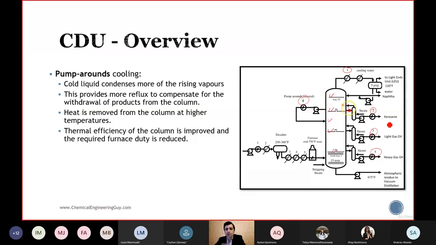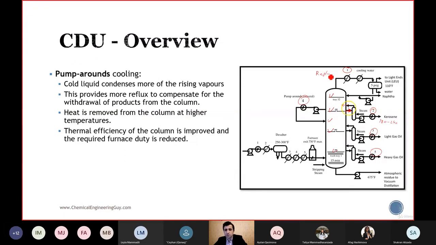Why do we need this? Because for kerosene, let's say we have the 180, 0.40. This is our spec. We want to achieve this one. And these are the cuts, if you remember. To achieve this one, we need to control the temperature. And this is reflux.